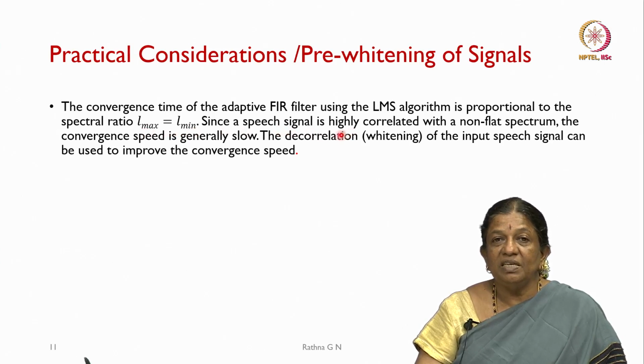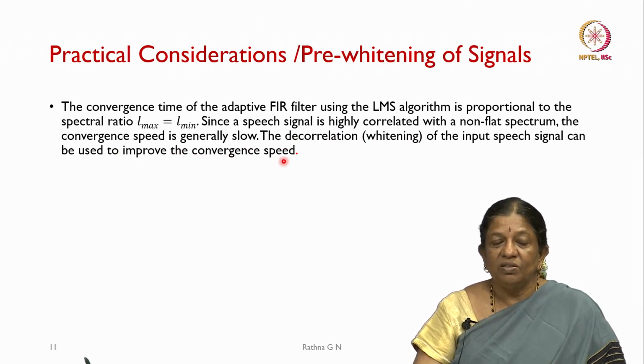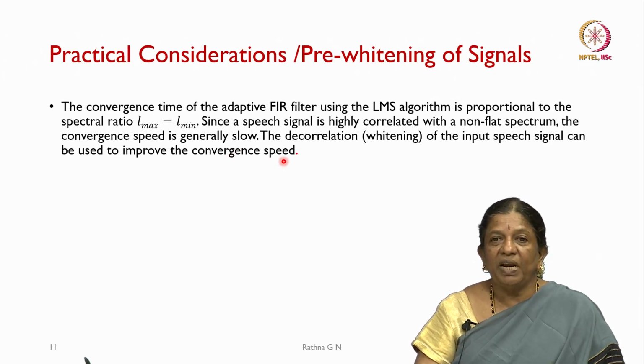Since the speech signal is highly correlated with a non-flat spectrum, the convergence speed is generally slow. So, the decorrelation, which we call whitening of the input speech signal, can be used to improve the convergence speed. This is one of the practical considerations one has to look at.